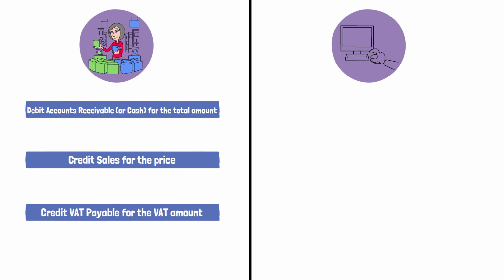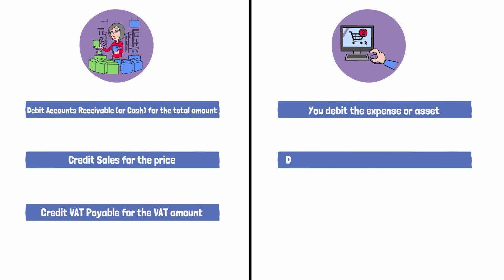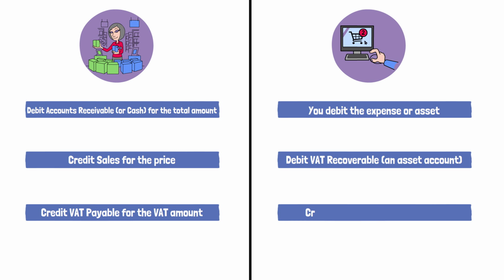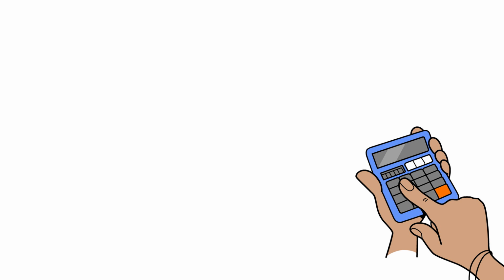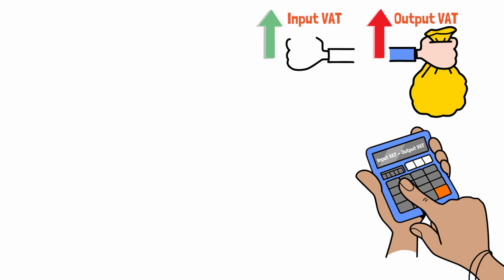When you buy something, you debit the expense or asset, debit VAT recoverable as an asset account, and credit cash or accounts payable. At the end of the VAT period, you offset input VAT against output VAT. If output VAT is higher, you owe money. If your input VAT is higher, you may get a refund.